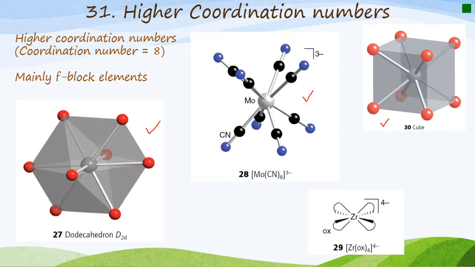This example, you've got to remember how to name them. I've been teaching you how to do that in the previous part of this unit. And you will see here is another good example at the bottom of an 8 coordination. If you count the number of bonds, so you've got 1, 2, 3, 4, 5, 6, 7, 8.